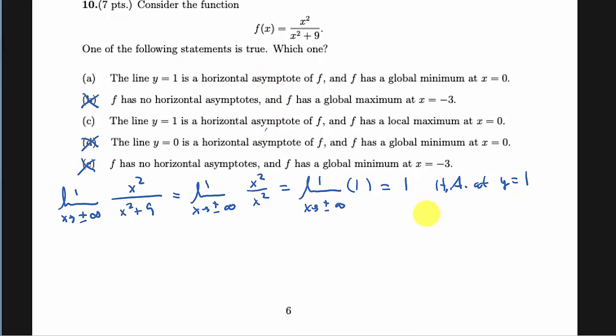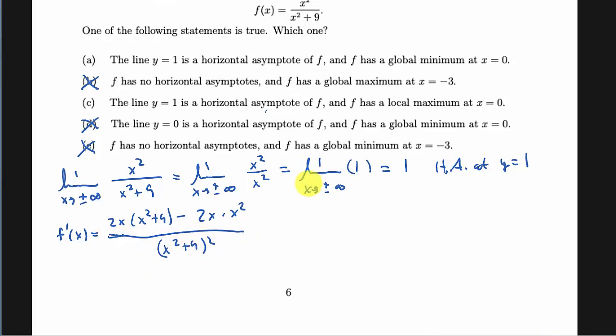All right, so now for the local max min, we need to find the derivative. So we've got f prime of x is equal to, that's quotient rule: derivative of the numerator times the denominator minus derivative of the denominator, which is 2x, times the numerator, all over the denominator squared.